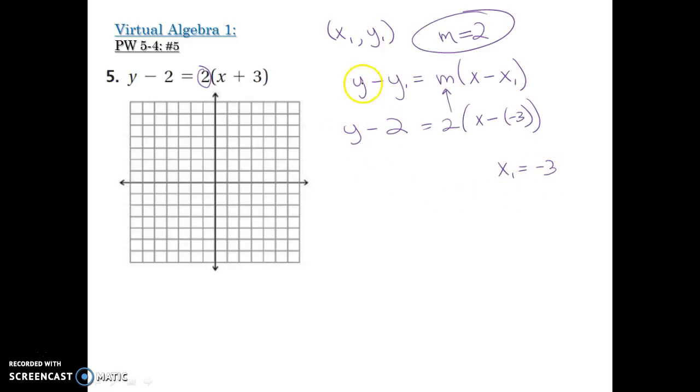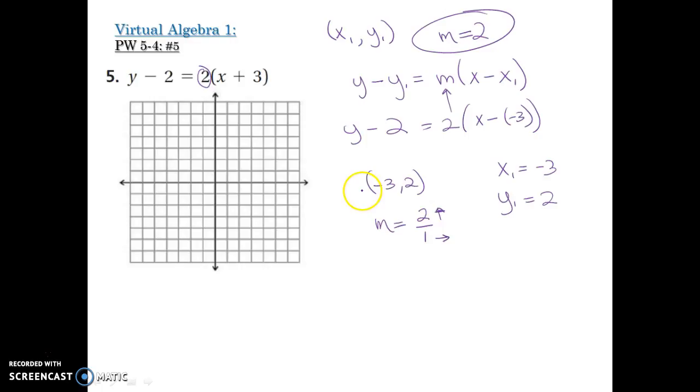And my y1, y minus y1, y minus 2, my y1 is 2. So I have a point, negative 3, 2, and a slope equal to 2, which is up 2, right 1, rise over run.